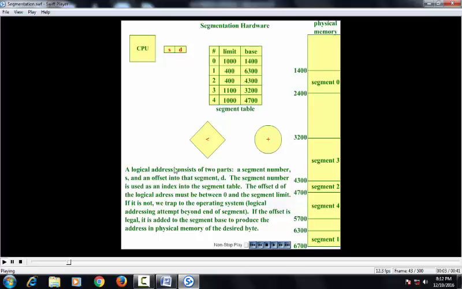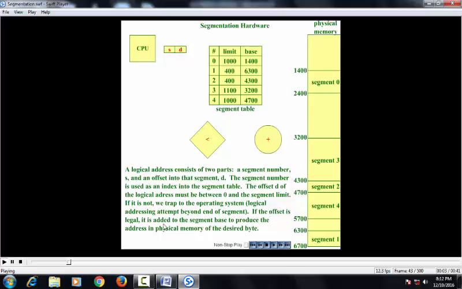So let's have a look at how we can do these things. The segment number is used as an index into the segment table. The offset D of the logical address must be between 0 and the segment limit. If it is not, we trap to the operating system: logical addressing attempt beyond end of segment.